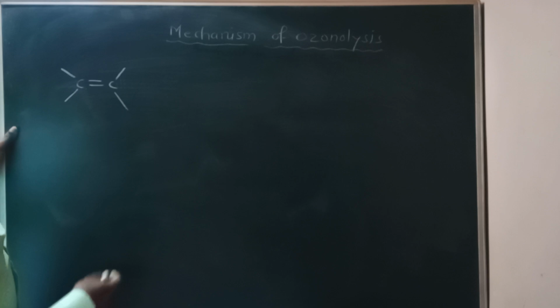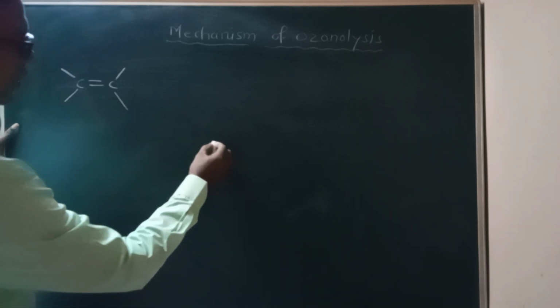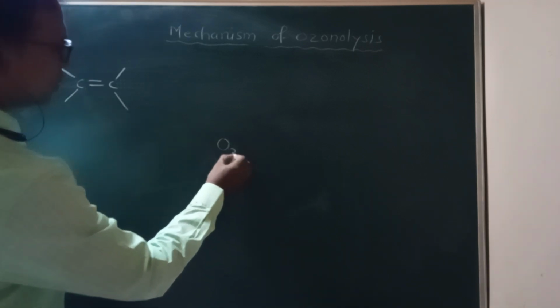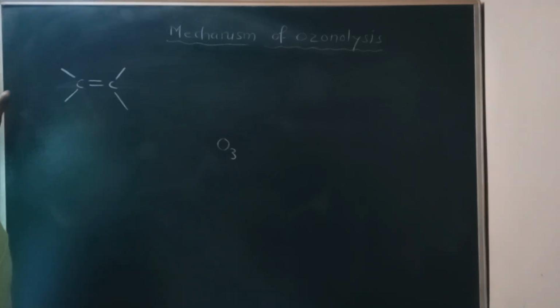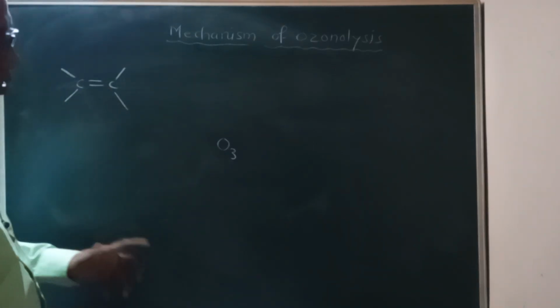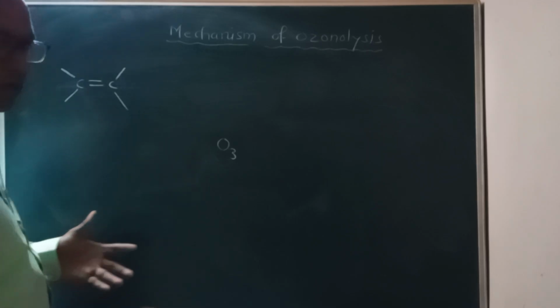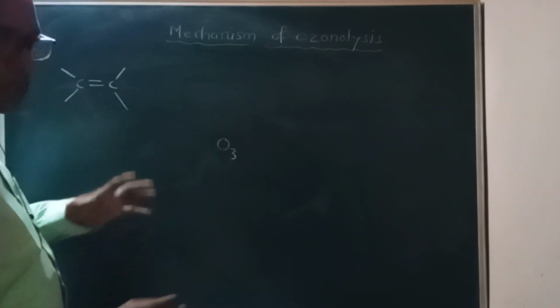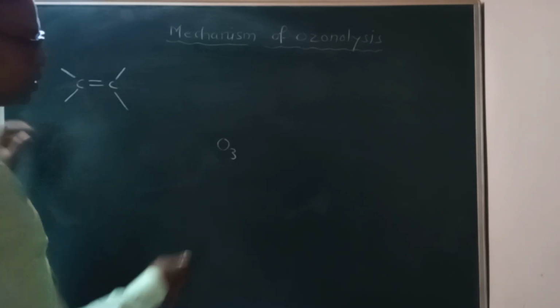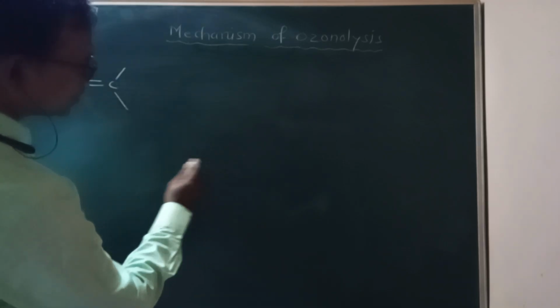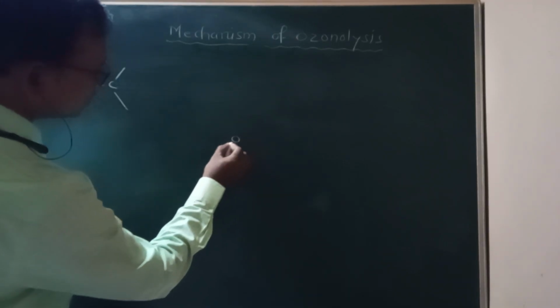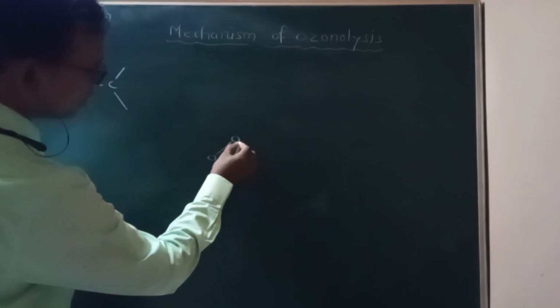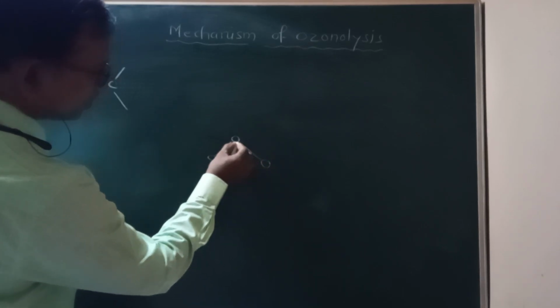Here, what happens? The ozone molecule, we write the formula of ozone as O3. Now we are going to use the Lewis structure of ozone, and I think all of you are familiar with it. The Lewis structure of this ozone molecule is like this: oxygen, then oxygen, and then oxygen.